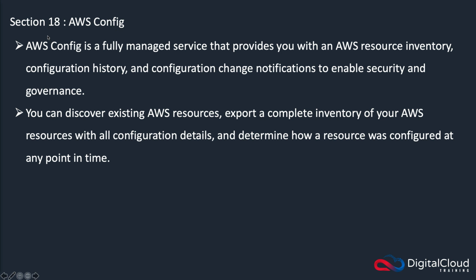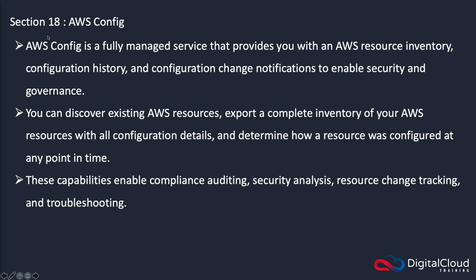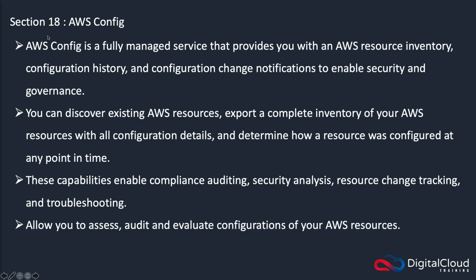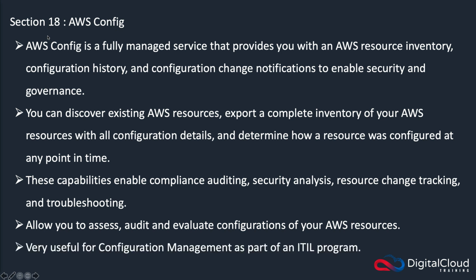So you can go back in time and look at, how was this particular EC2 instance configured when some kind of service issue occurred. You would use these capabilities to enable compliance auditing, security analysis, resource change tracking, and troubleshooting. So you can assess, audit, and evaluate configurations of your resources. So really useful for configuration management as part of an ITIL program.